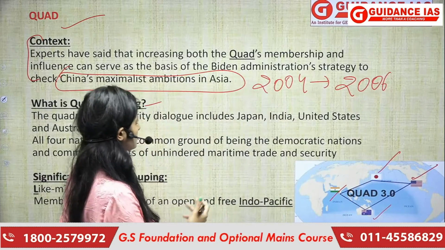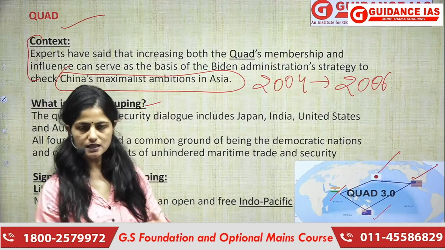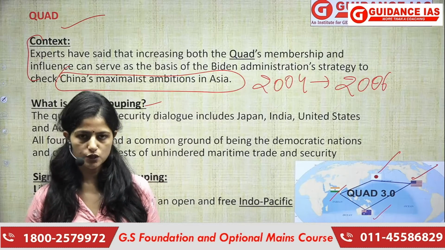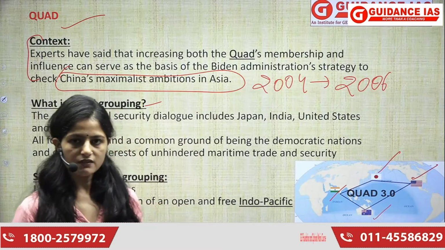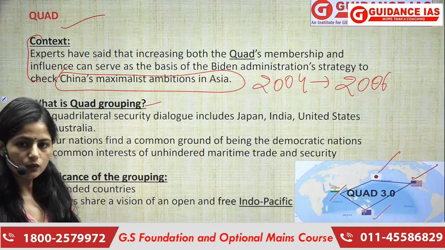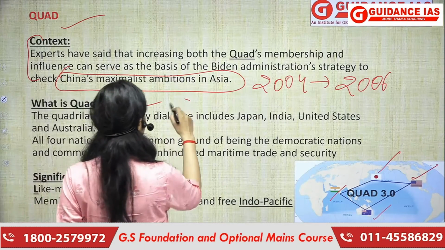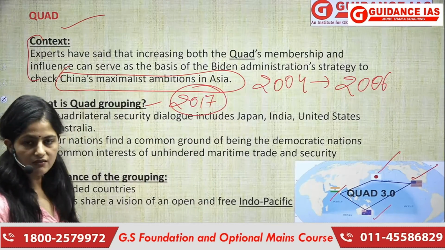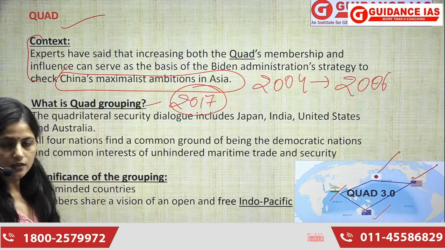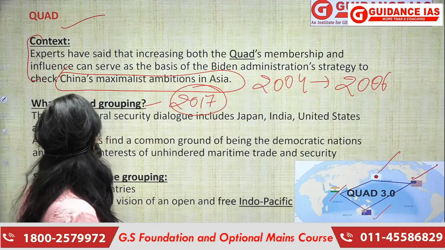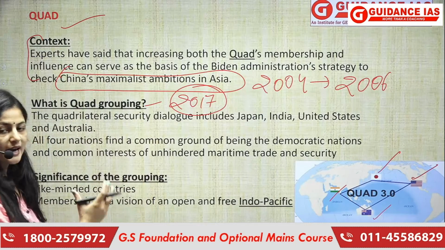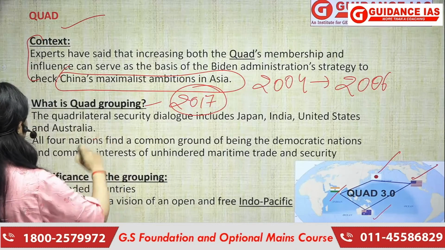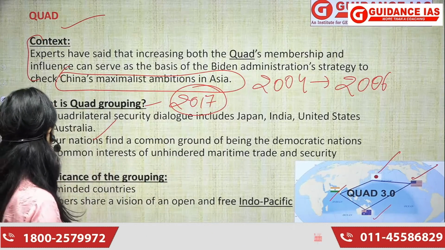Okay, but 2007-8 tak aate aate there was a lag of 10 years from the side of Australia. There were certain issues from Australia, तो उसकी वजह से 10 साल तक चीजें नहीं हो पाई. Things restarted in 2017, and we started working together again pertaining to the common interest of all the 4 countries.